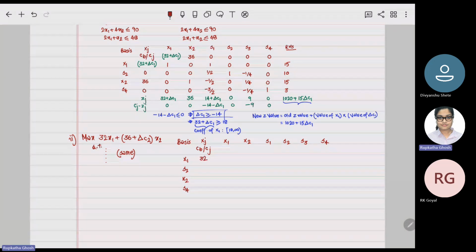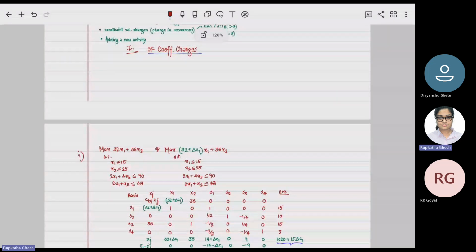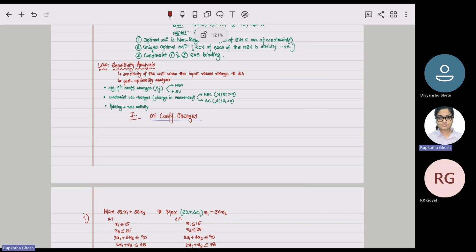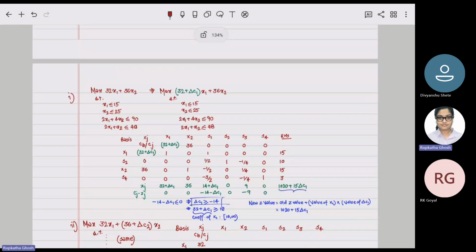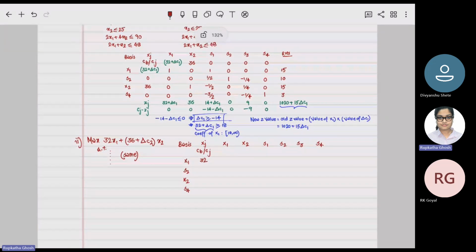Also remember, you cannot make the changes simultaneously in this sensitivity analysis that we are learning, otherwise you won't understand. That is why I mentioned it earlier, one at a time. When you make the changes simultaneously, there is something known as the 100% rule, which if time permits I will teach you, but that comes a lot later, not now.